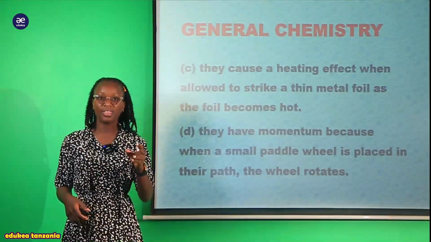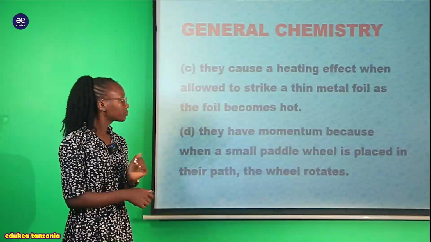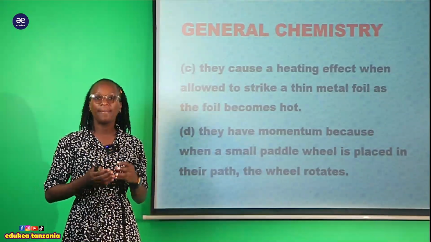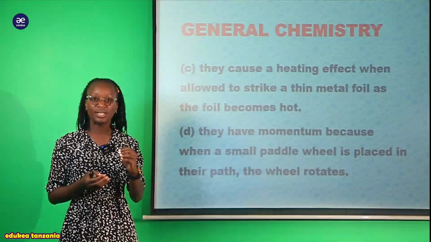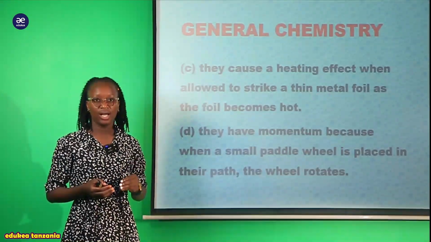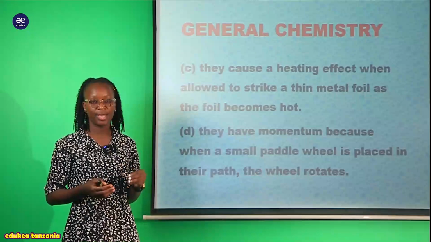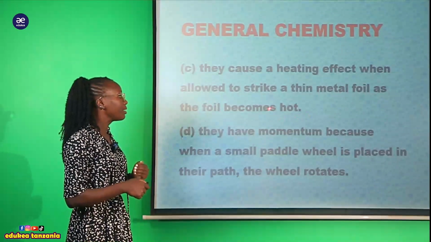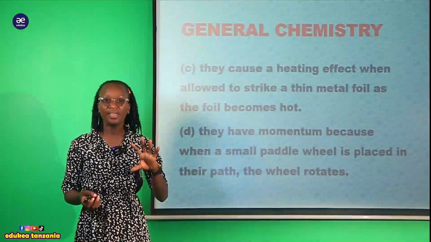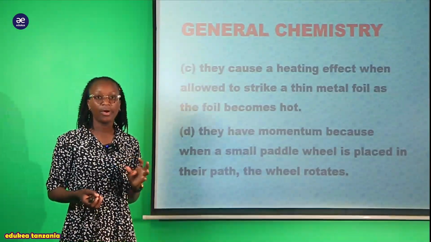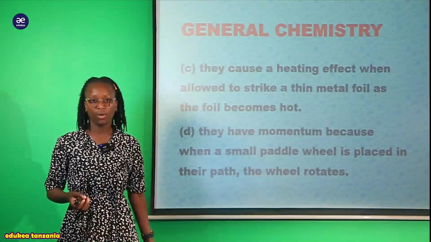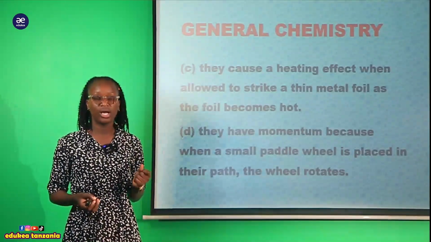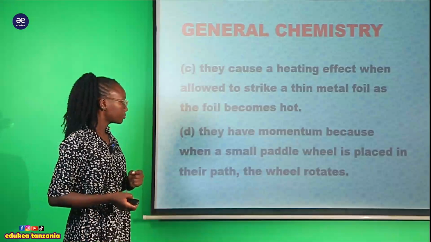Pale ambapo zikipita kwenye thin metal foil, ina maana ni metal ambayo thin, utaona kwamba ile metal inakuwa kama ya moto baada tu ya zile rays kupita au zile radiation kupass through there. So utaona kwamba inasababisha ile foil ina become hot. Unashangaa mbona kama hii thin metal is hot? Kwa hiyo ina cause the heating effect. Kwa hiyo hii ni kulingana na ile the power within those cathode rays.